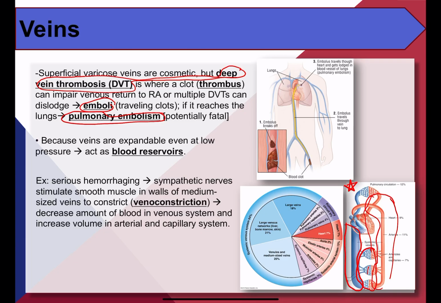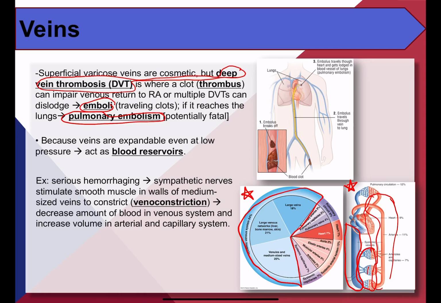Hence, if we were to measure how much of our total blood volume spends in different areas of the body at any given point with this pie chart right here, almost 2/3 of your blood is actually spent within venous circulation.